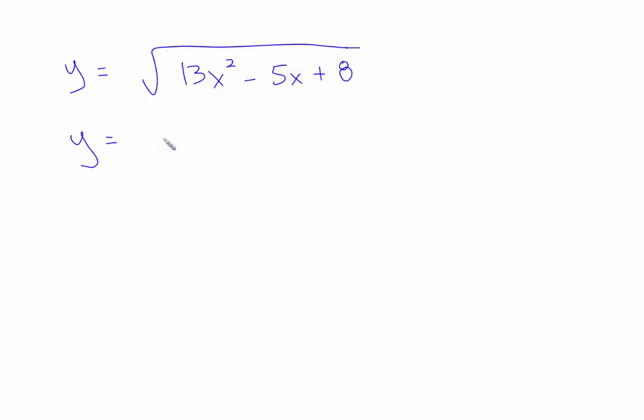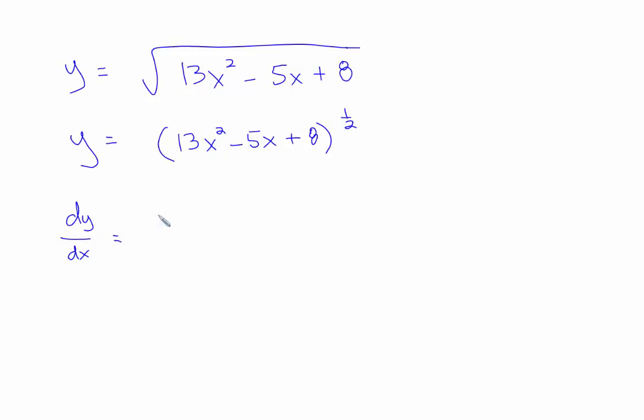This is the quantity 13x squared minus 5x plus 8 to the 1/2 power. It's the same thing, I'm just converting this from a radical to exponent form. And now let's use the chain rule, because we have a function within another function, to get the derivative of y.